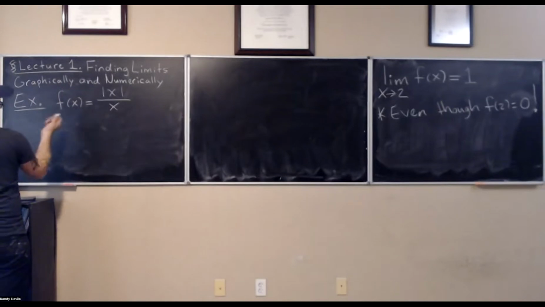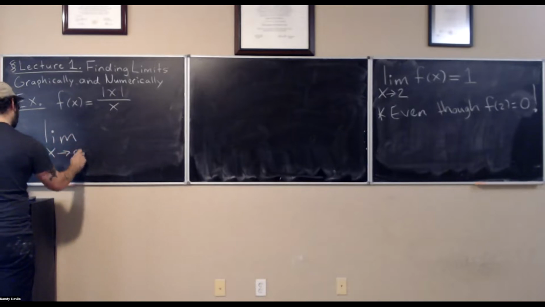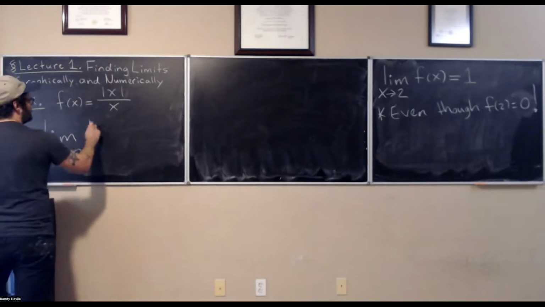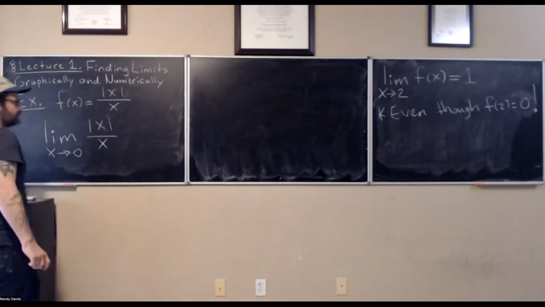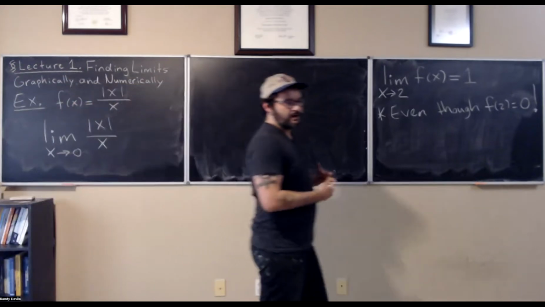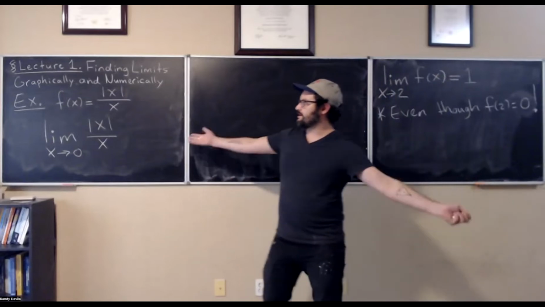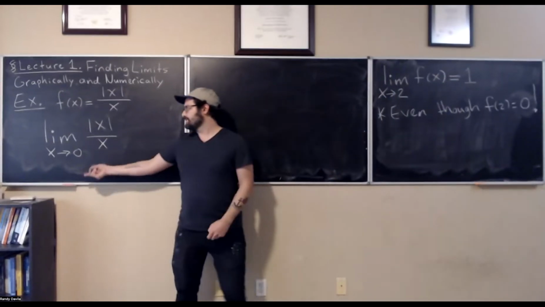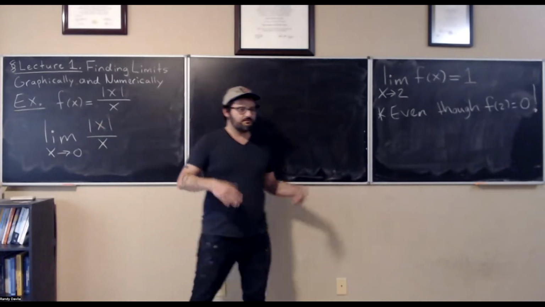The problem at hand is to determine the limit as x approaches 0 of this function. Without drawing a graph, without calculating anything, just take a guess at what you think that's going to be. Can we plug in 0? No, because then we have division by 0. But what do you think this limit is?